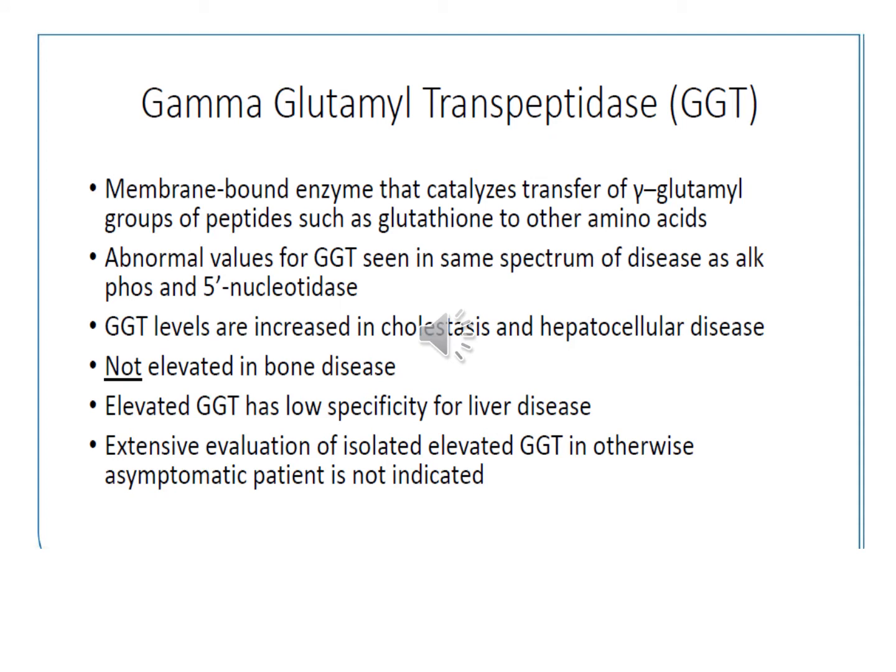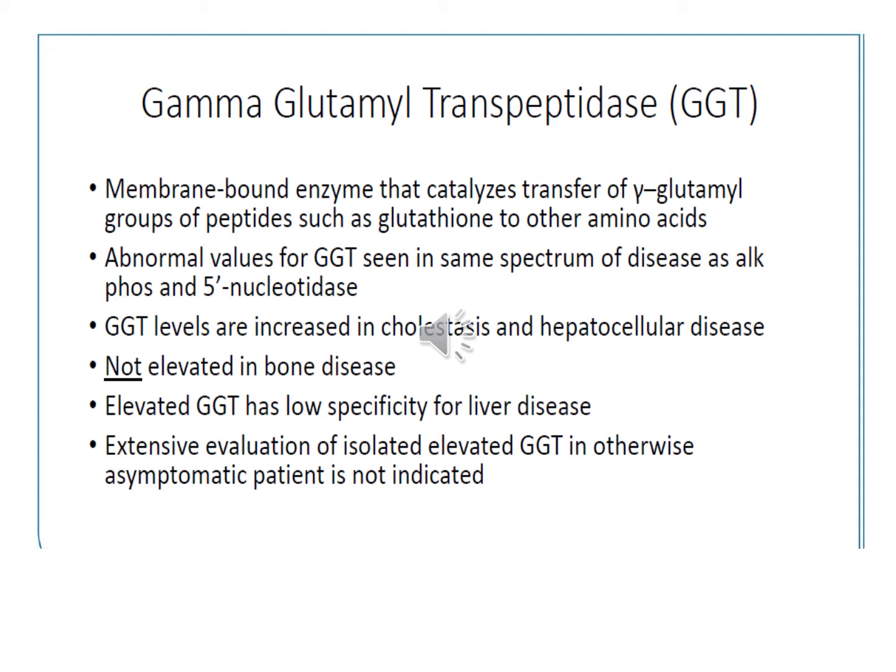Gamma-glutamyl transpeptidase is another membrane-bound enzyme that catalyzes transfer of gamma-glutamyl groups of peptides, such as glutathione, to other amino acids. Abnormal values for gamma-GT are seen in the same spectrum of disease as alkaline phosphatase and 5-nucleotidase. Gamma-GT levels are increased in both cholestasis and hepatocellular disease.